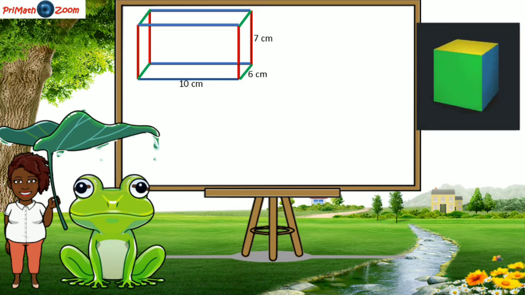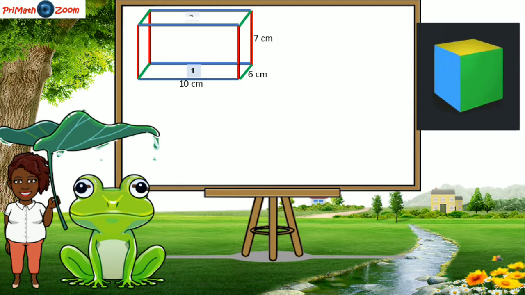Now, to find the total surface area, we must find the surface area of each face. So we're first going to find the surface area for the base. And here, identified with 1, this area here is the base. But if you look at this cuboid and any other cuboid, the face opposite is always the same area.